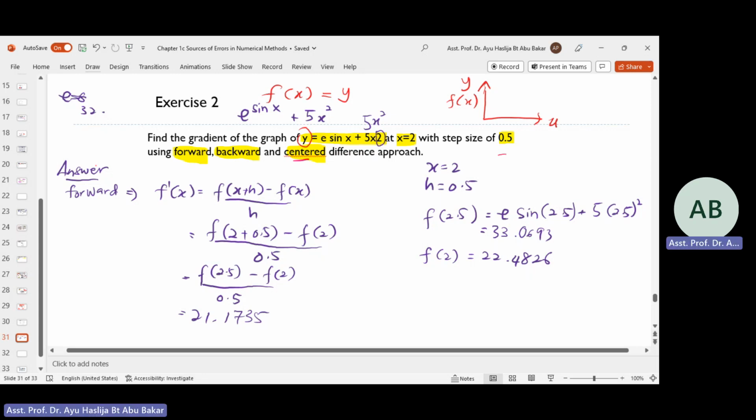Unless my answer is 21 but your answer is 10, it is totally wrong. Try for backward and centered. What do you get for backward? 17.